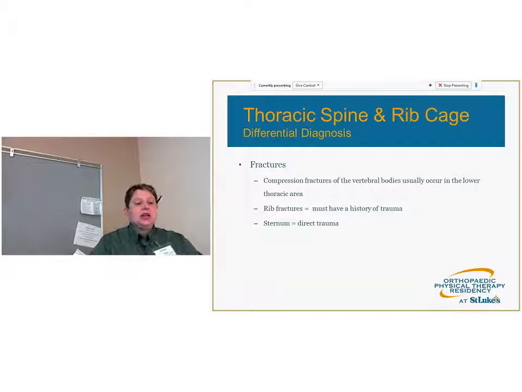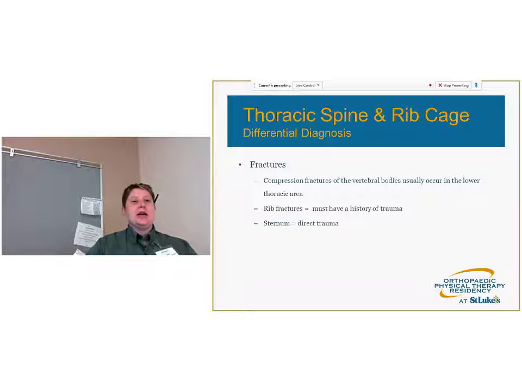Fractures. You want to rule out any compression fractures of the vertebral bodies. This usually occurs in the lower thoracic area from accepting excessive load, or if somebody is on the obese side, just having the compression of the joints and the body. Rib fractures. The majority of the time there must be a history of a trauma.